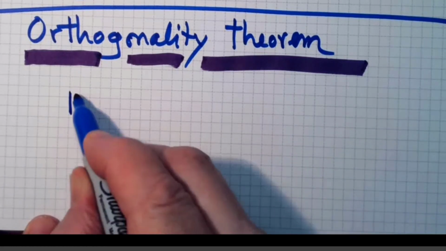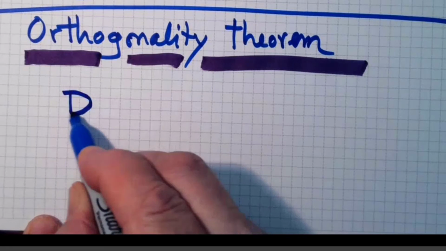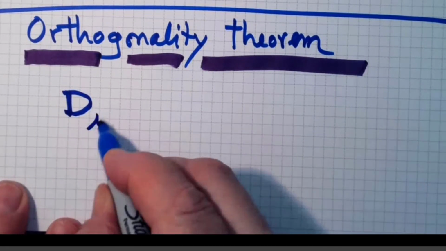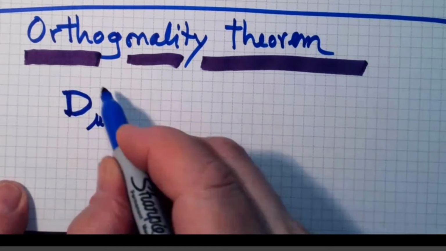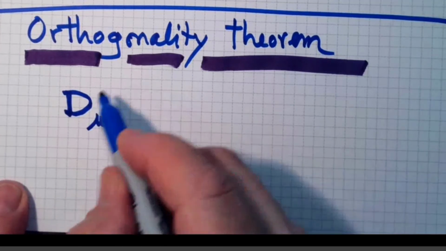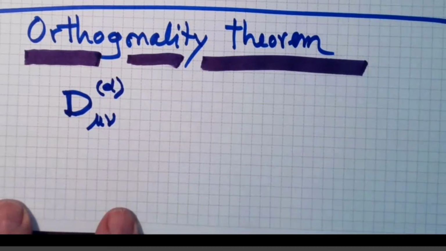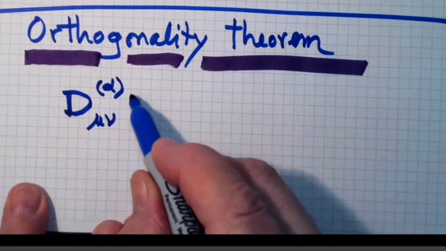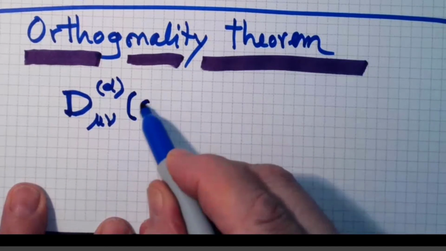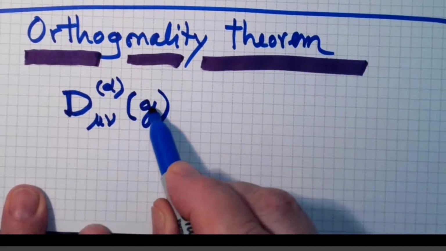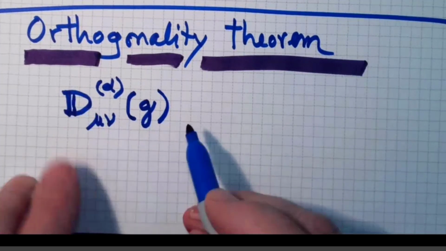So if I have a matrix representation, which means something that has two indices, of representation, let's call it alpha, of some group element, let's call it G. So this is an abstract element and it has a matrix representation.